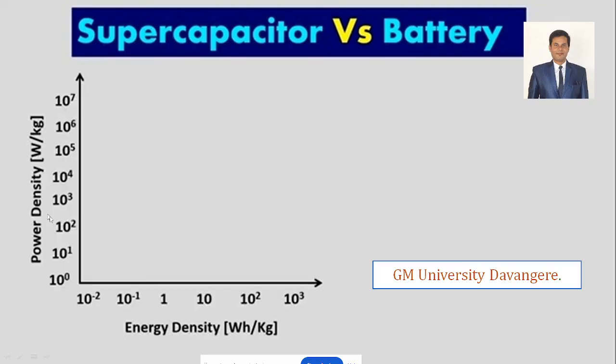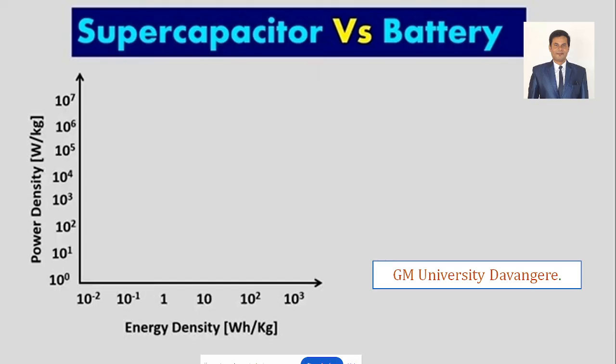So in this graph, there is an x-axis and a y-axis, it is a two-dimensional graph, right? Let us see the energy density in watt hour per kg in the x-axis, and the power density in the y-axis in terms of watt per kg. Understood?